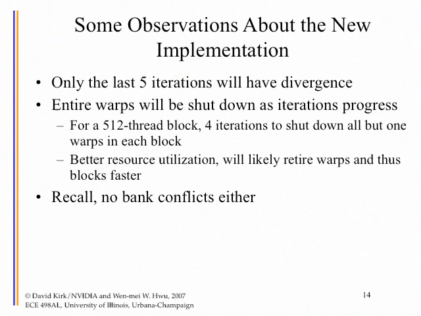All the way until you hit the last warp. And that's where eventually you will have branch divergence, in the sense that in the last few iterations, within the warp you will still have threads that qualify and ones that disqualify.